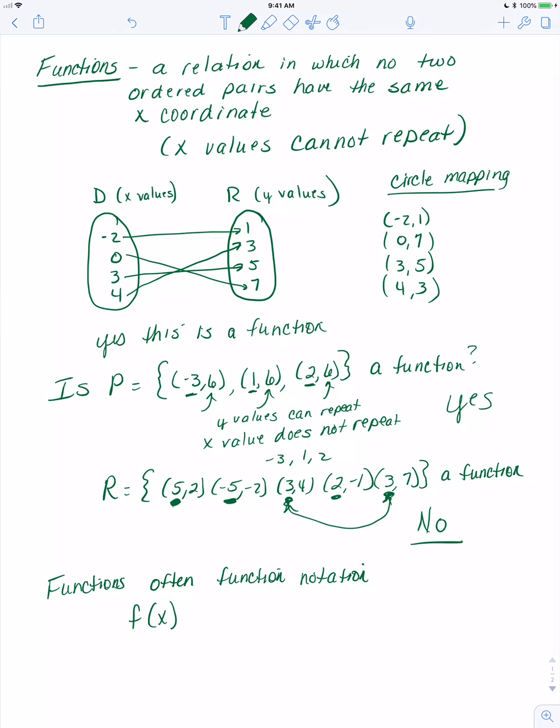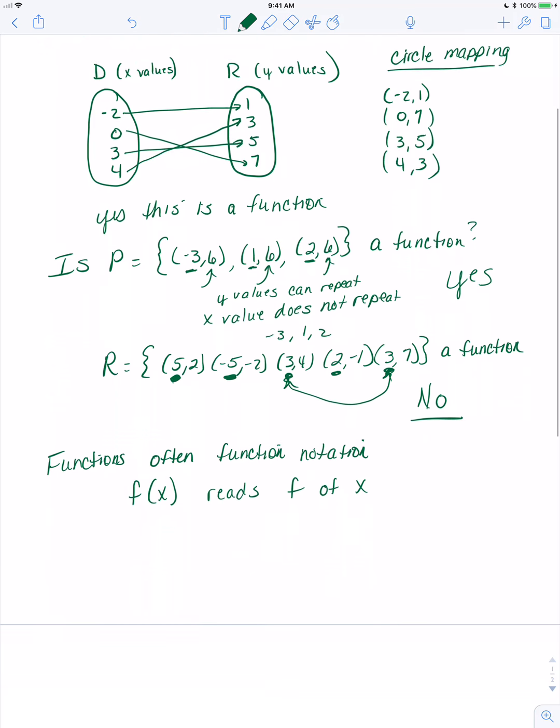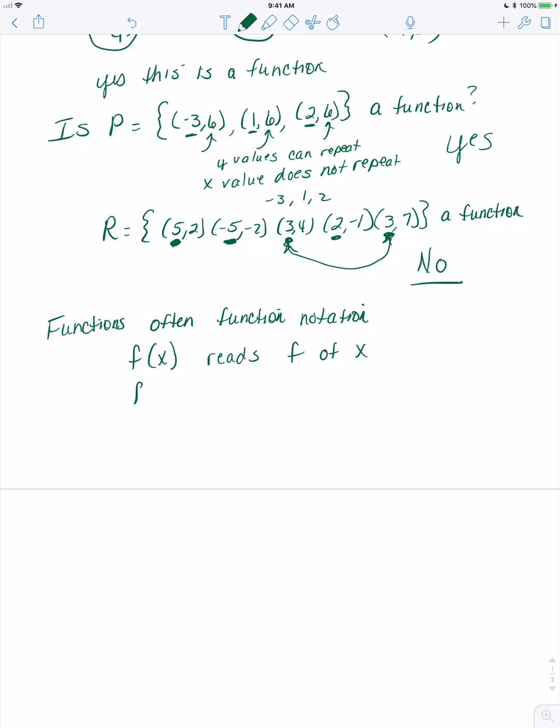So f of x, which reads f of x, so the function of some x value. Well, this f of x is just another way to write the y. So if you have an equation, y is equal to 2x, well, you could put f of x is equal to 2x, and that's the same thing.